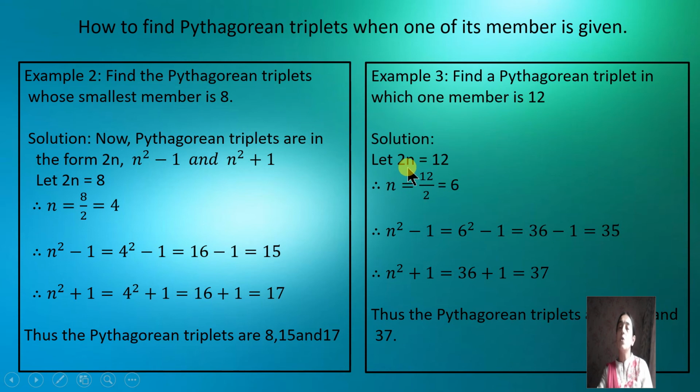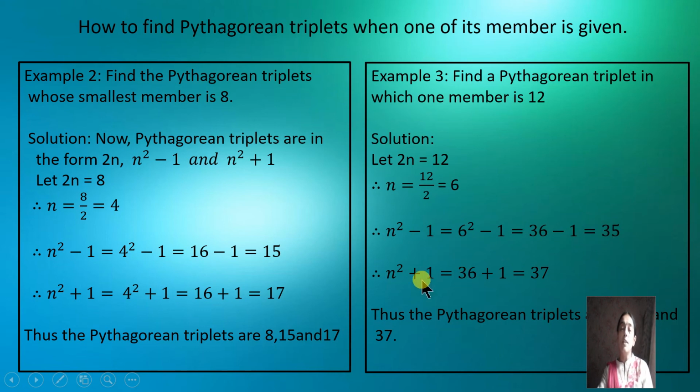So, 2n is equal to 12. So, we will get the value of n. Yes, n is equal to 12 upon 2, which is equal to 6. Now, the next Pythagorean triplet is n square minus 1. So, n square minus 1 is equal to 6 square minus 1, which is equal to 36 minus 1, and that is equal to 35.